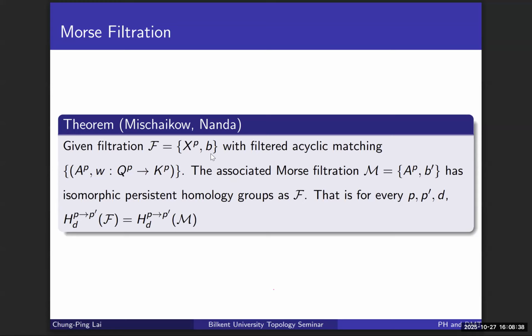Mischaikow and Nanda. So it turns out this construction of the Morse complex really generalizes to the entire filtration. If you use the discrete Morse theory reduction on every individual frame, everything fits together really well.